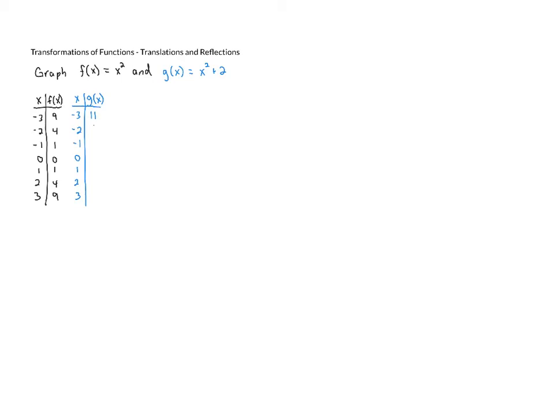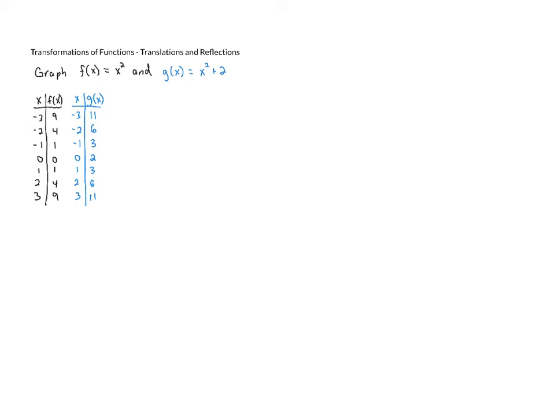When we add 2, we get 6. -1 squared is 1. When we add 2, we get 3. 0 squared is 0. When we add 2, we get 2. And then we get the same things for 1, 2, and 3. We end up with 3, 6, and 11. Basically, we're taking what we got for f of x and we're adding 2.